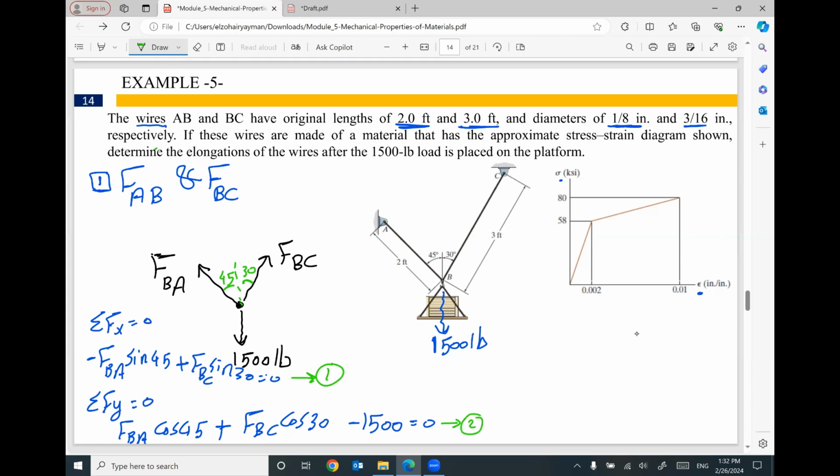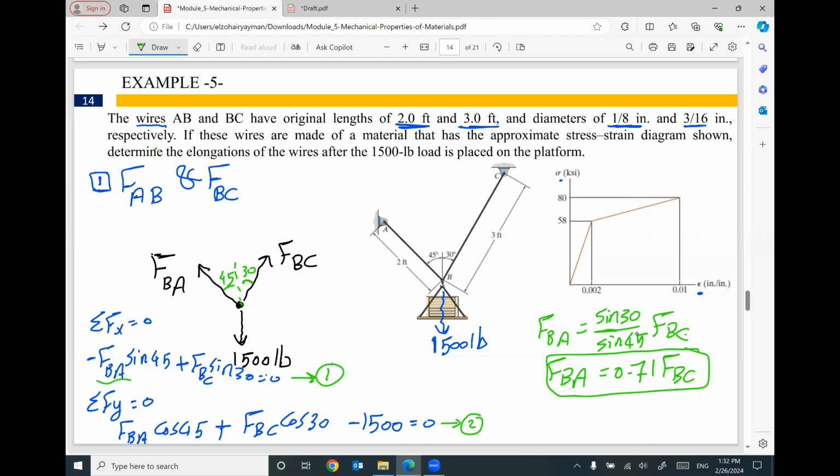Keep in your mind, from equation number 1, I can say FBA will equal sine 30 divided by sine 45 times FBC, which equals 0.71 FBC.